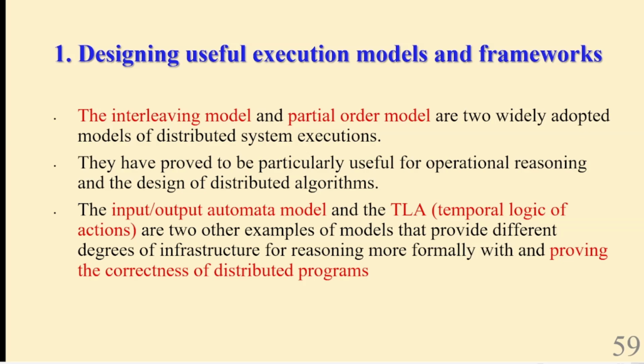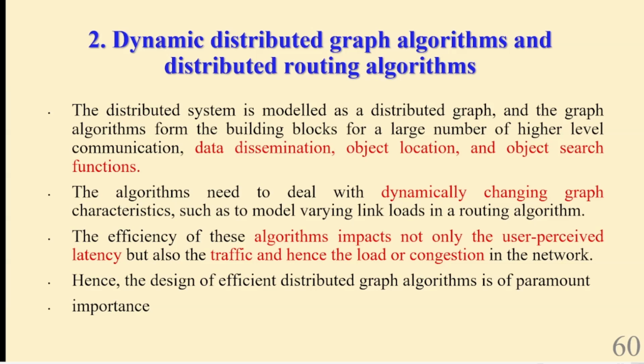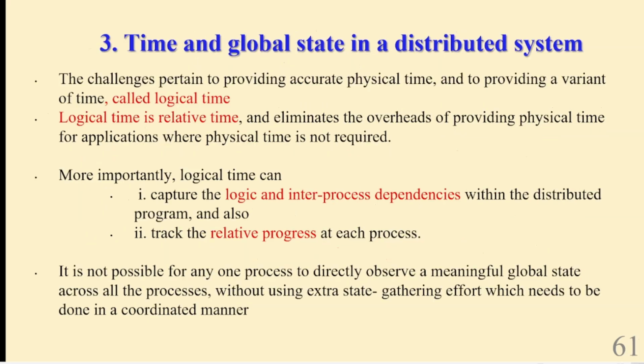We should know how the distributed programs execute. Then we have distributed graph algorithms and distributed routing algorithms. Many distributed systems are represented as graphs, and these algorithms solve routing, broadcasting, shortest path, and leader election. All these things can be solved using these graph algorithms.